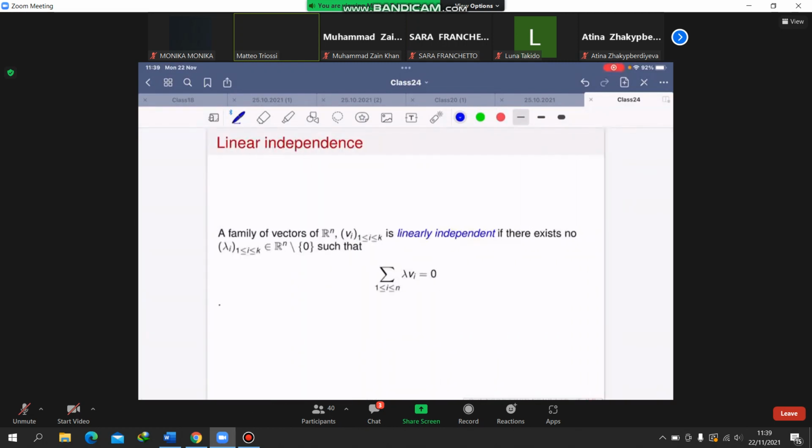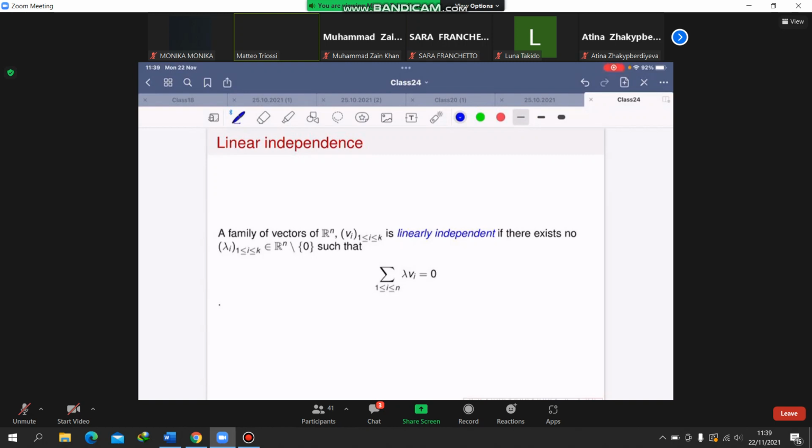But we have as well a concept which says that the information provided by a group of vectors is not redundant. This property is called linear independence.